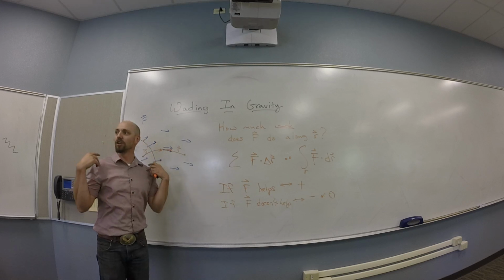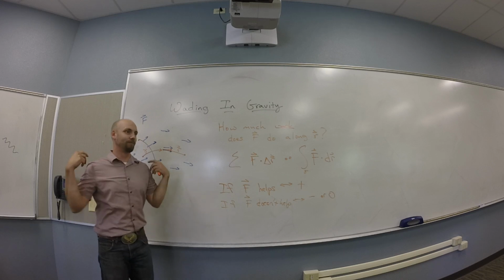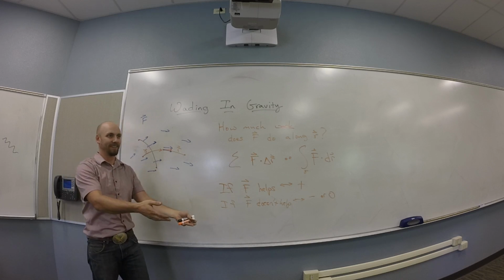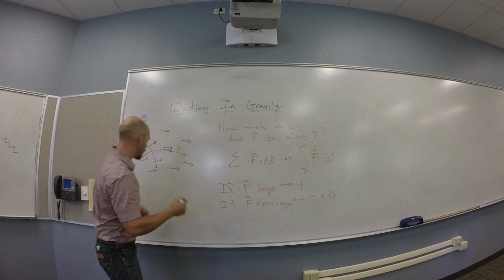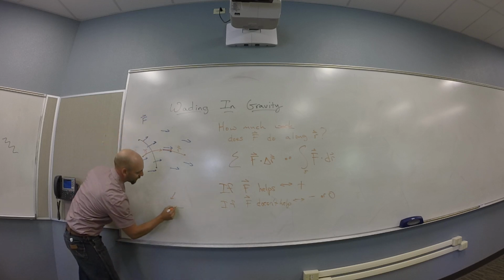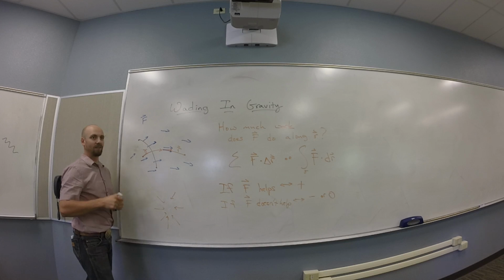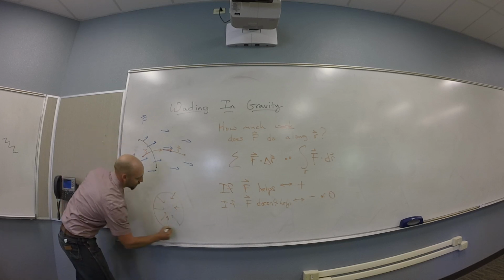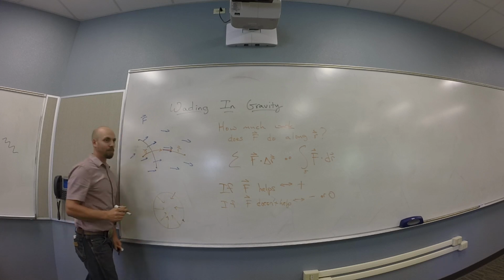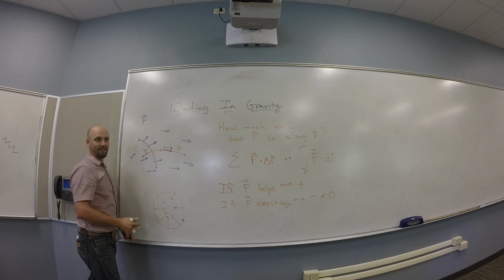But in gravity, there's no friction as gravity pushes past you, right? So in a gravitational field, this is a bunch of vectors that all point in. And so what an orbit is, is a path around where all the vectors are perpendicular, right?